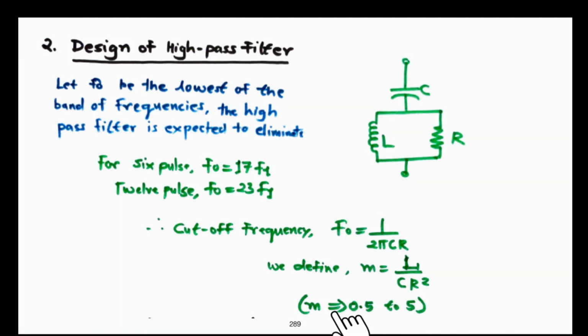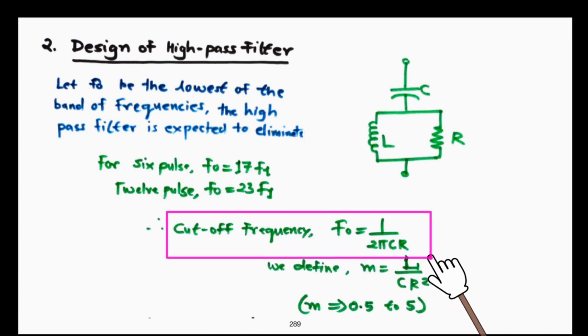Now for such a circuit, if we do a bit of analysis, for a cutoff frequency of F0, the relationship with the filter components is F0 equals 1 upon 2 pi CR.